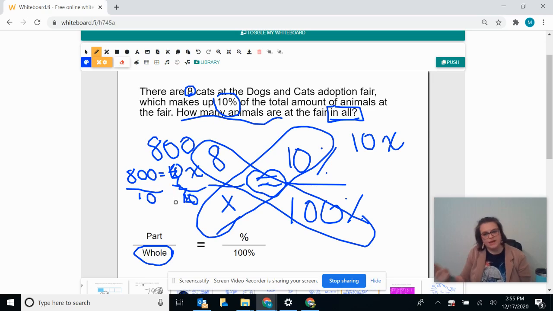With what we do to one side, we have to do to the other side. 800 divided by 10, or my favorite trick, you can just take out one of the zeros on top and bottom. 80 divided by 1, anything divided by 1 is itself. So that means that x was 80. The whole was 80. There were 80 animals at the fair in all.